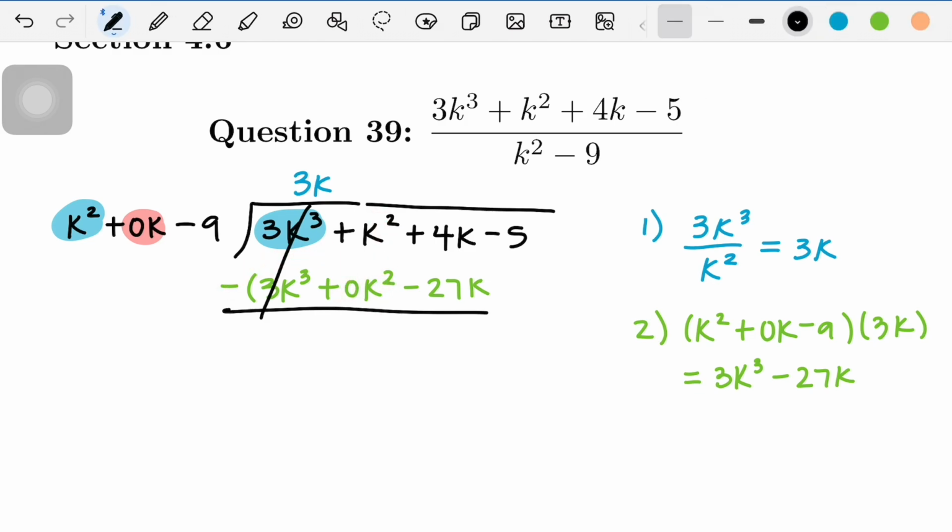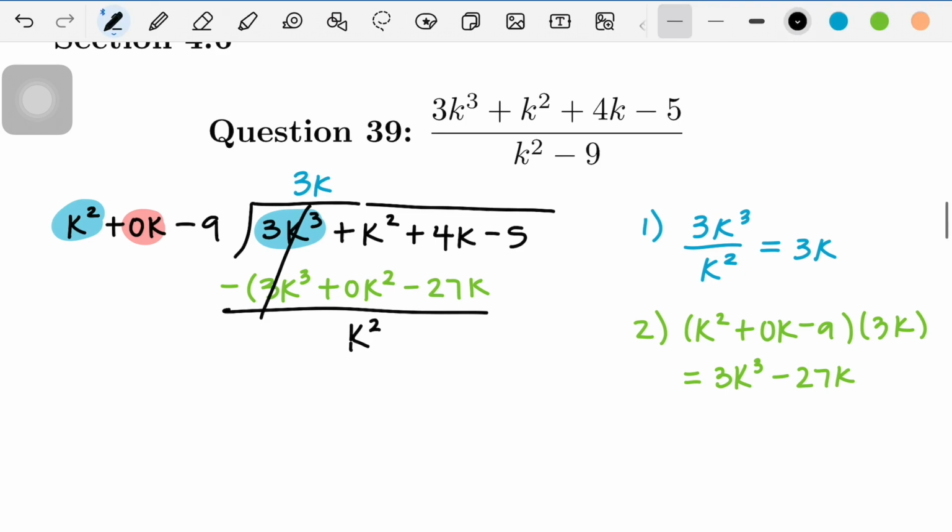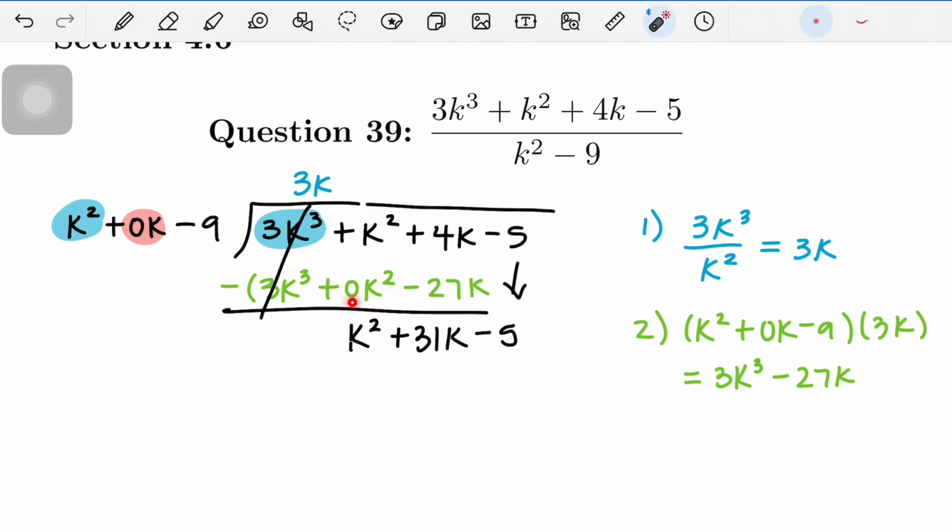So this k squared is just going to come down here. Then we have a 4k plus 27k, so this is going to give us a plus 31k. And then lastly, we're going to bring down this last term here, minus 5. So again, just putting this placeholder here so we can easily see that we are subtracting these polynomials vertically. So we're subtracting their like terms in this way here.